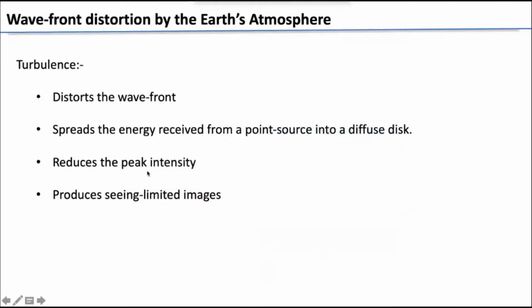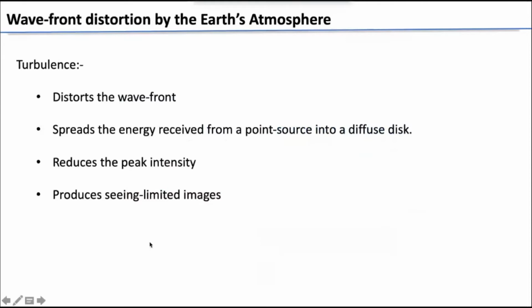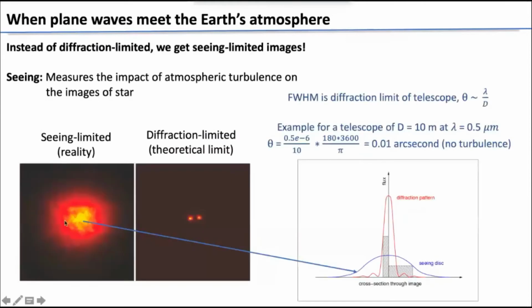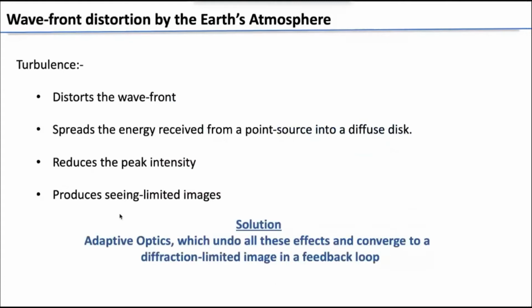It reduces the peak intensity, which is really at the core of the PSF, and it produces seeing limited images. If you're getting this, how are you going to block this light? And this is just one image. If I show you a video of how this image moves, it's just everywhere. So you can't actually block this starlight, and if you can't block the starlight, forget about finding a planet around it. It's a big problem.